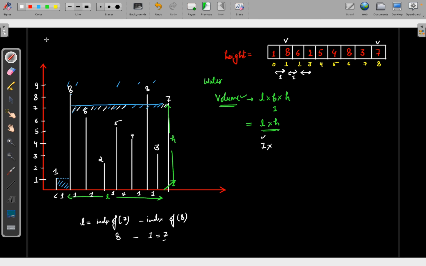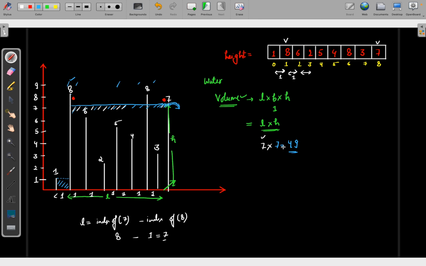So there are two vertical lines. This is one vertical line and this is one vertical line. Whichever is the minimum, the water level will be at that level, because if I go above, the water will spread out from here. So water level will be the minimum of these two. So 8 and 7, so minimum is 7. That's why we are getting 49 as an answer.